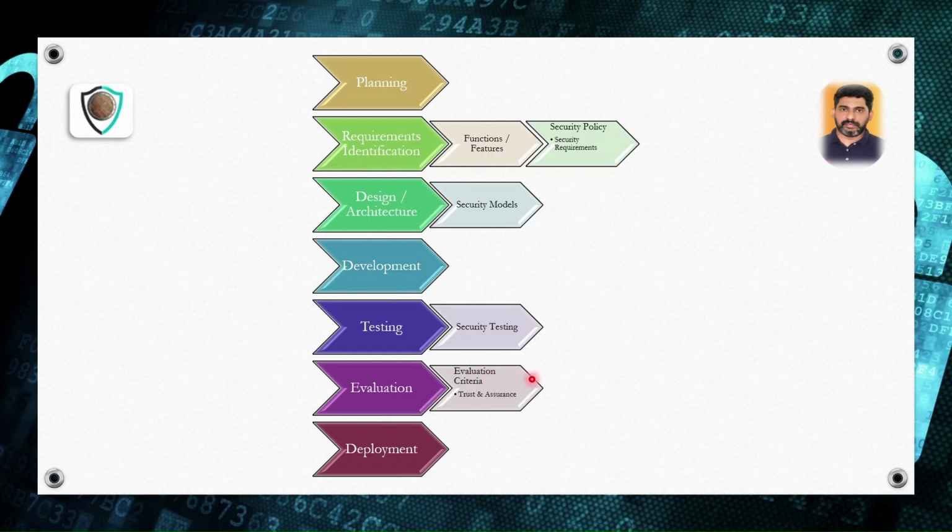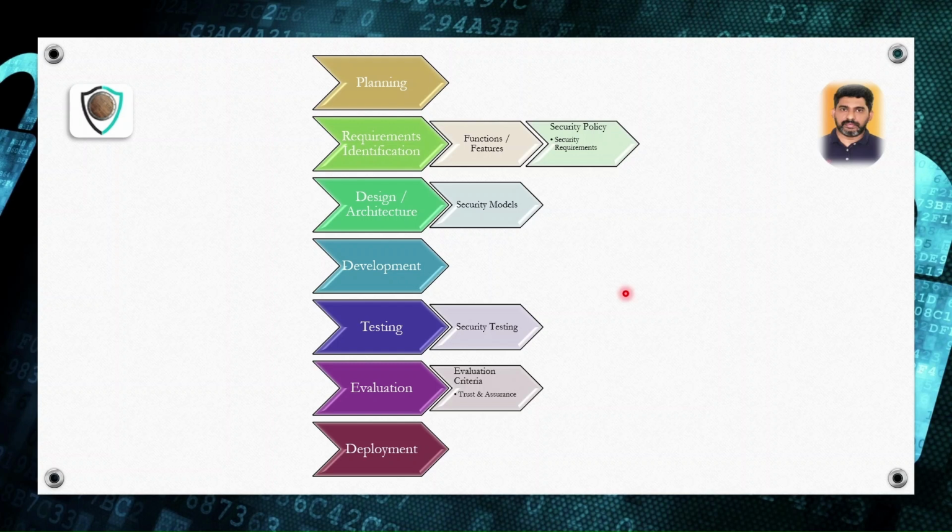Evaluation of assurance means we look at the degree of confidence that the security requirements or the security controls that are implemented will work. We have a security requirement, and to achieve it, a security control has been implemented. But what is the guarantee that this security control will work in a consistent manner every day?